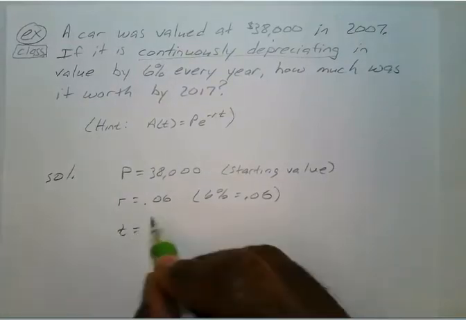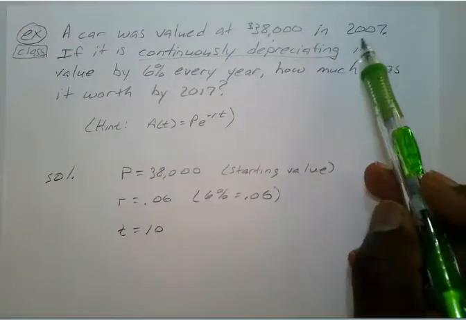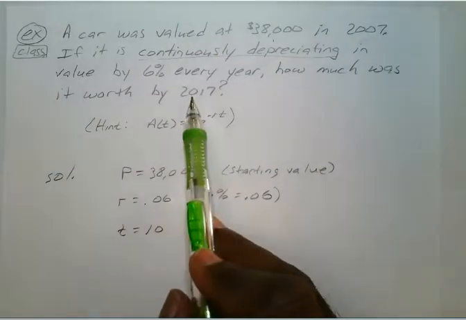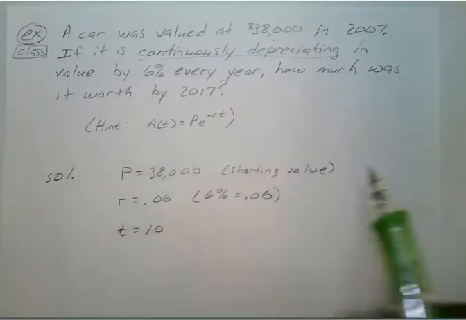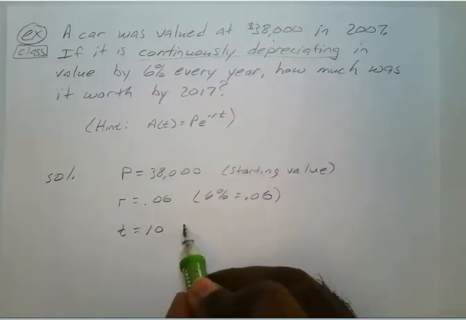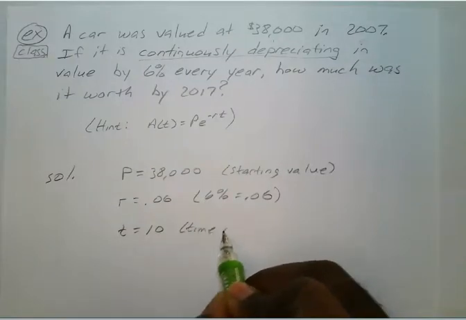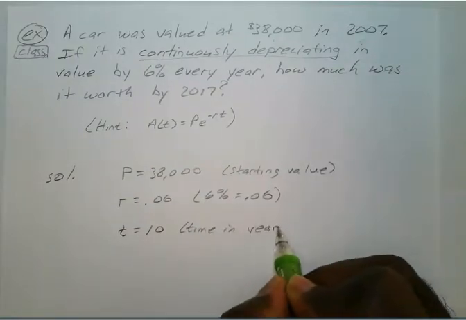Our t is equal to 10 because we're going from 2007 to 2017, which is our time in years.